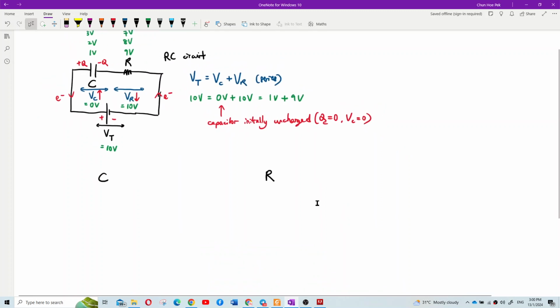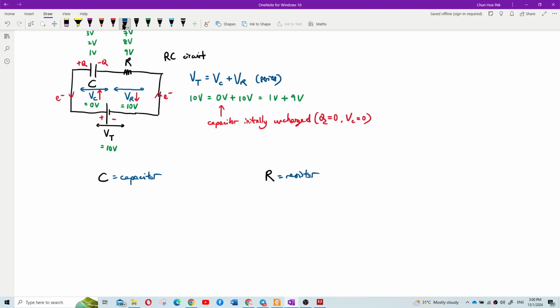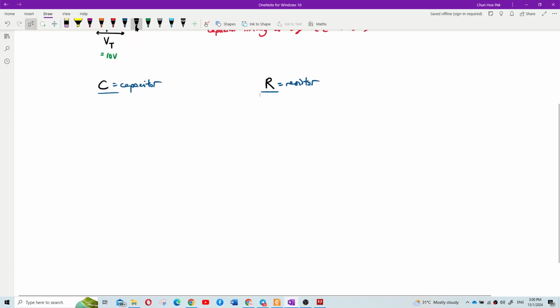Voltage. This is for the capacitor. This is what happened in the resistor. So now, look at the graph.